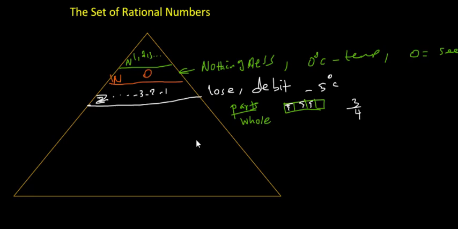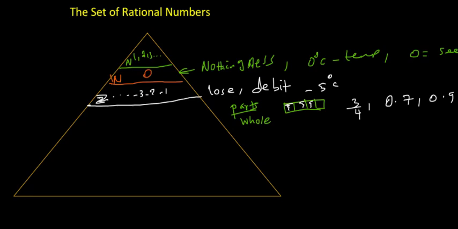We can't express parts of a whole. Another way of representing parts of a whole is a decimal, like 0.57 or 0.9.